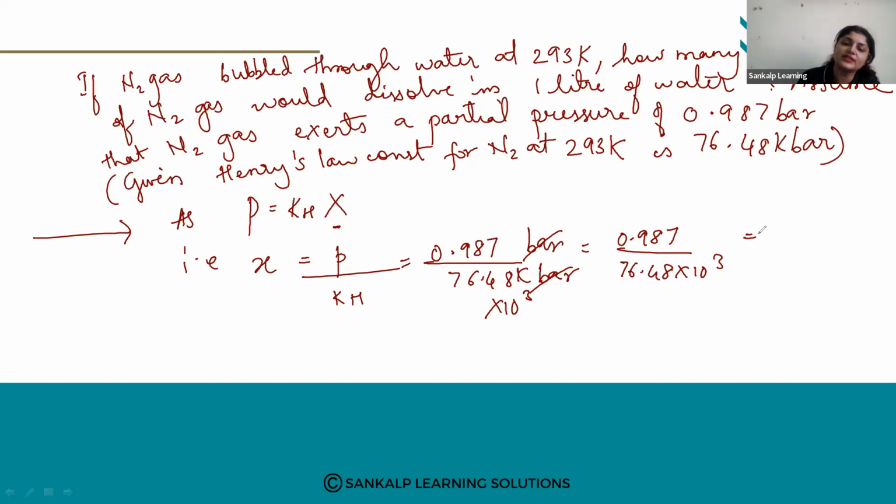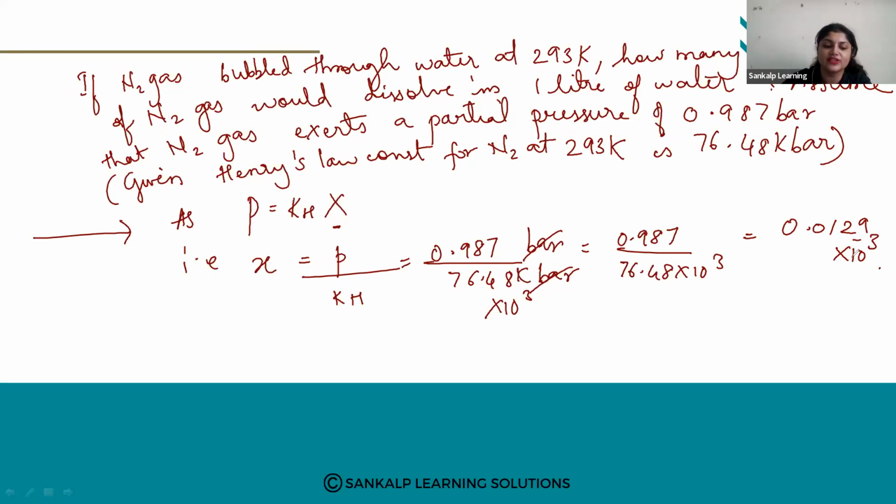0.987 divided by 76.48 will come to 0.0129, and 10 raised to 3. When it goes above, it will become 10 raised to minus 3.